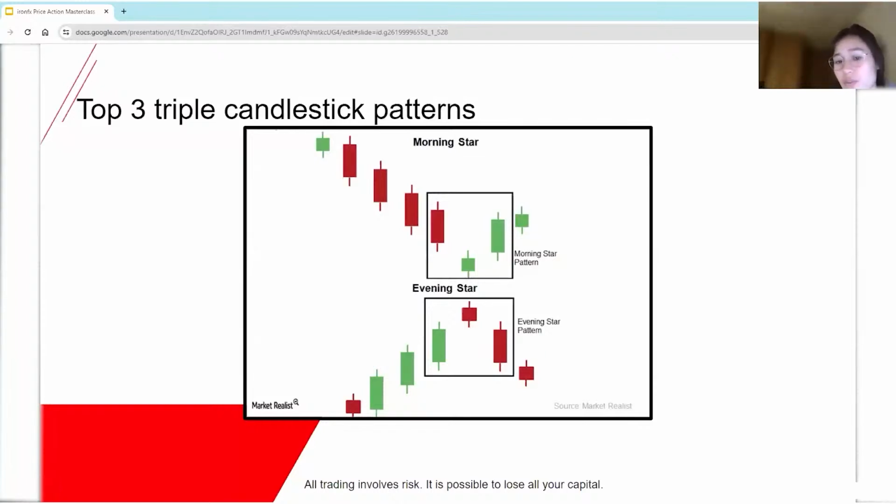For an evening star, we have a long bullish candle here, indicating a strong uptrend. Then we have that same doji candlestick here, showing indecision in the market. And then the last candlestick is basically a long bearish candlestick that closes well into the body of the first candlestick, which we see the same thing happening here.